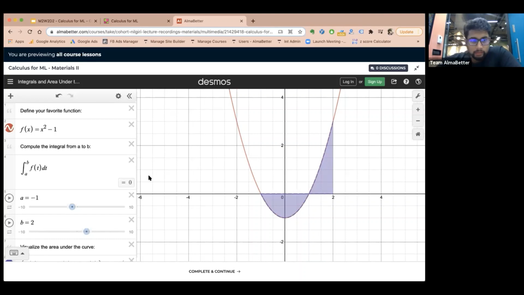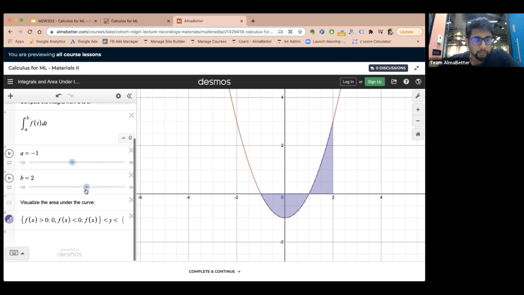So if you integrate this function from -1 to 2, your total area under the curve becomes 0, which is not the case if you take into consideration the actual area. But by the notation that we take, areas below the x-axis are considered negative, and when added with areas above the x-axis, it neutralizes and pushes it to 0.